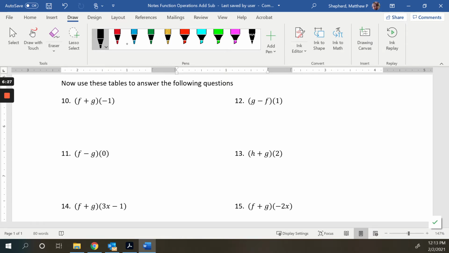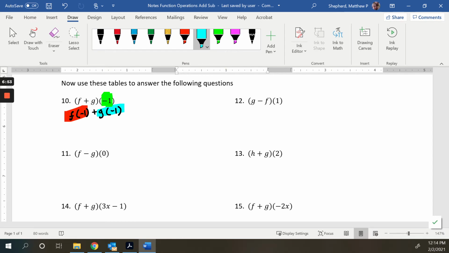So notice that the big change here is that we don't have x in there. The input is now considered to be a negative 1. So this would be written as f of negative 1 plus g of negative 1.